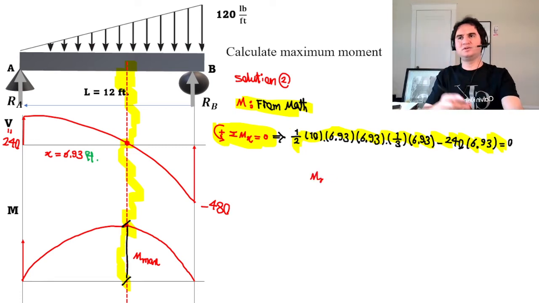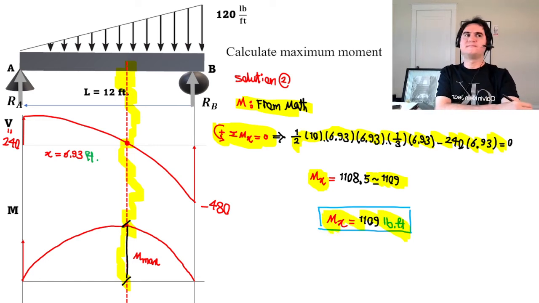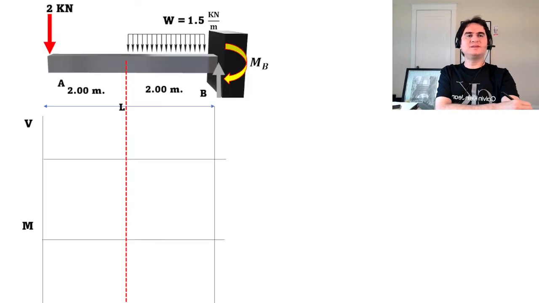That numeric value just represents the moment at x, which is again 1,109 pound-feet.